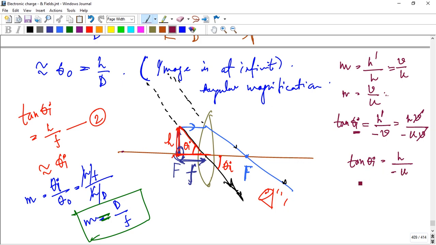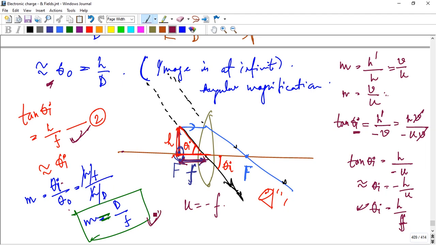Okay, for small angle, theta I equals h by minus u, and u is on the left side, so we get u equal to minus f. So theta I equals h by f. Now put theta I here, and theta object we know is h by d, and put these two together, you get the angular magnification.